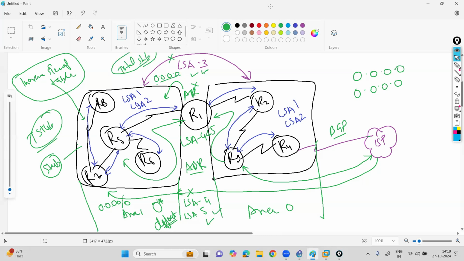Sir, one question is that if the area router converts the LSA into the default routes, then default route means to communicate with any network, right? Yes, dear. Actually, this is what we are doing to reduce the tables. If there are lots of routes in the table, that will create issues, right?